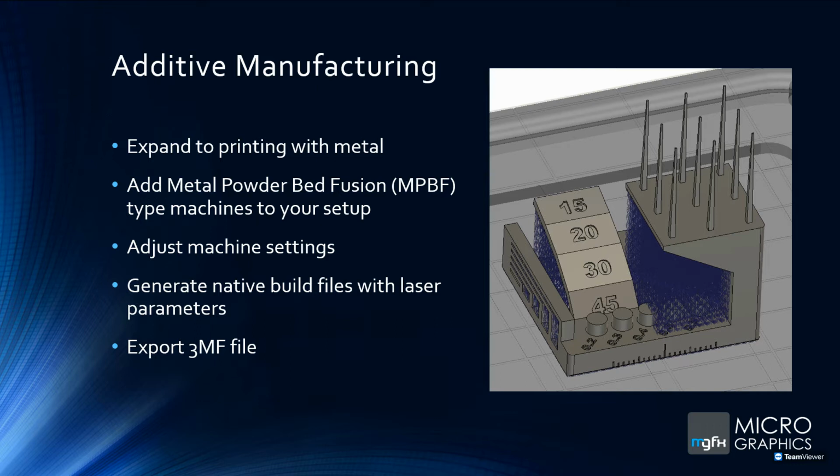Inside of the machine setup, you'd also be able to adjust machine settings, things like your layer thickness, your recoating times, laser strength. You have whole settings for those specific machines. And also within the environment, you'll be able to generate native build files with laser parameters built in. And those build files are then able to load up to your machine.